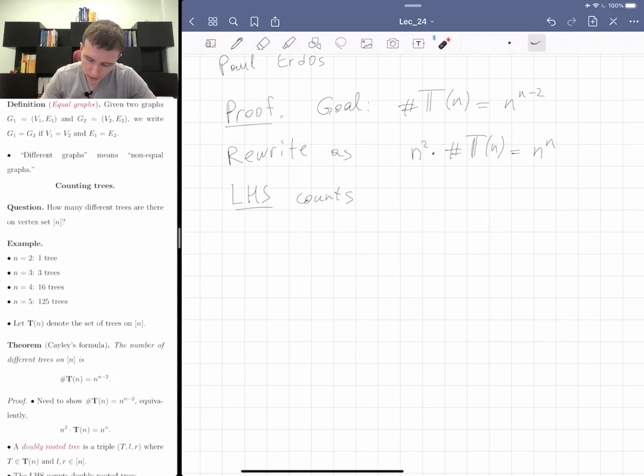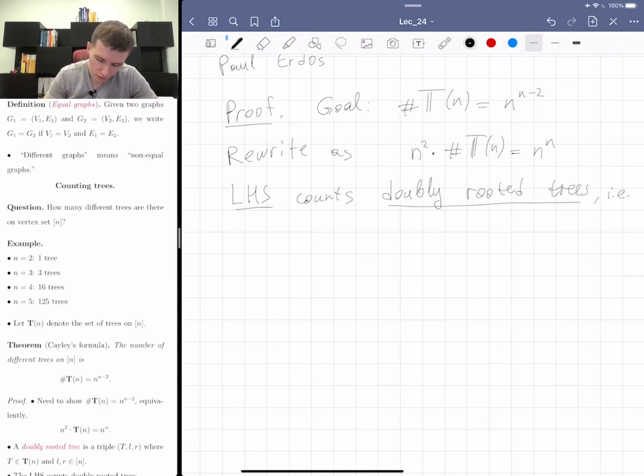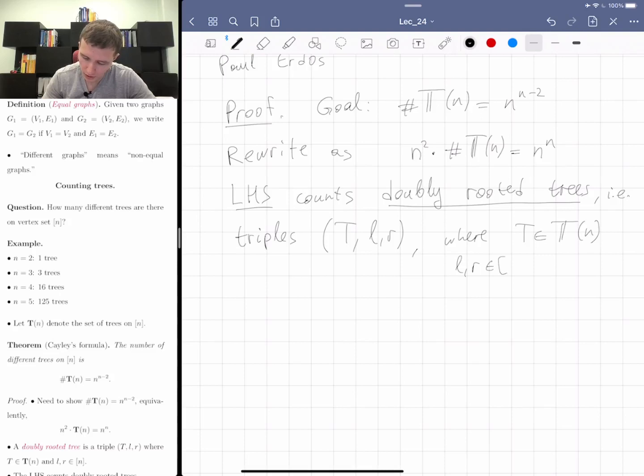Counts doubly rooted trees, which just by definition are triples T, L, R, where T is a tree on bracket n, and L and R are arbitrary indices, which I'm going to think of as vertices of my tree.